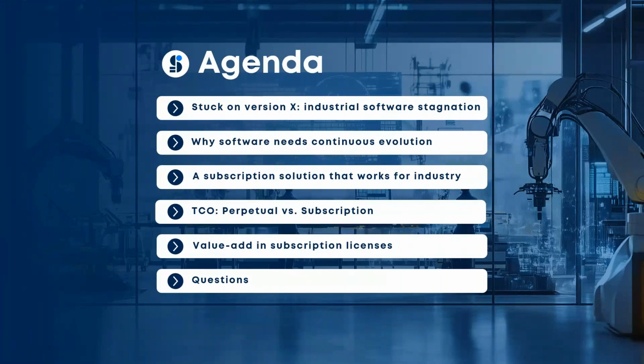Then for the second half of the presentation, I'll pass the mic to Joseph, and he's going to talk about some more financial and product update aspects, including the total cost of ownership breakdown between perpetual and subscription licenses, some value add that we have recently delivered to subscription users, as well as some things that are upcoming in the near future. Of course, we'll have time at the end for questions and answers.